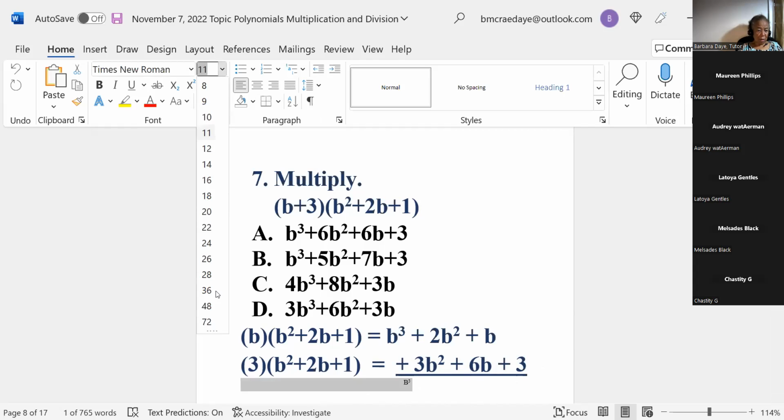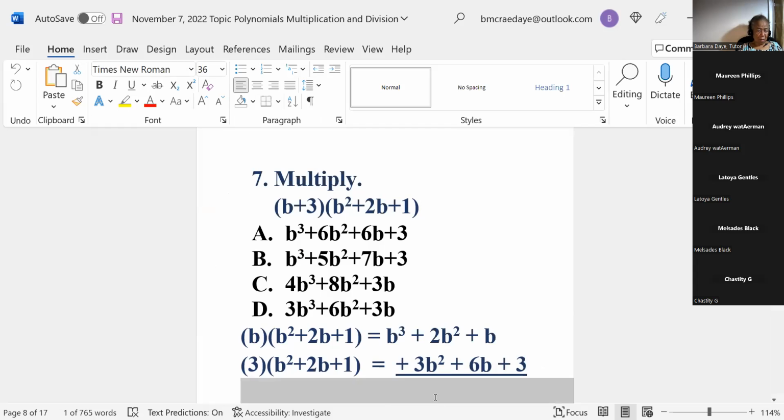Okay, here we go. B to the 3rd. Let's put the 3rd here. Okay, there we go. And be consistent. Now let me just move that over.